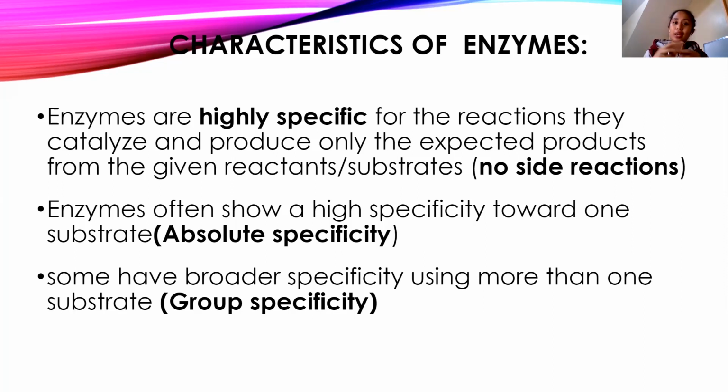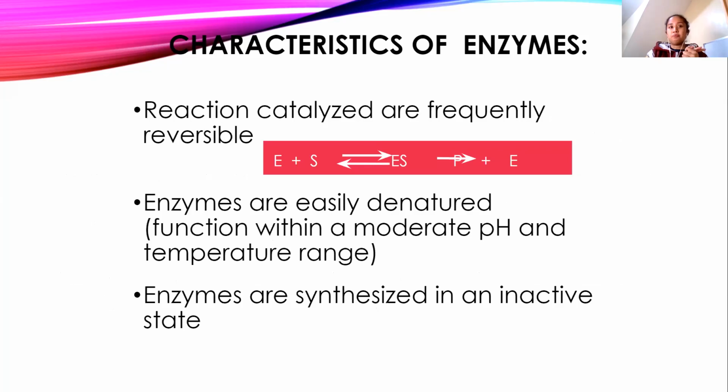For example, if it has group specificity, it can act upon substrates which have phosphate esters. Lahat ng may mga phosphate esters, pwedeng mag-active site, pwedeng mag-attach or interact with that enzyme. So that's group specificity. That's based on Bishop.